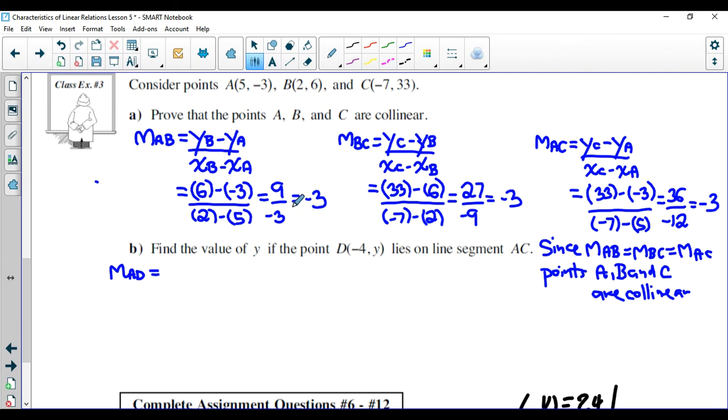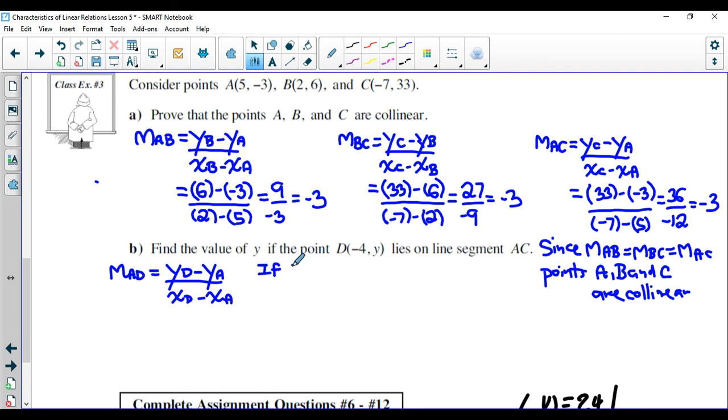So I'll just check what happens with the slope here. It actually does tell me it lies on it, but let's fill the numbers into the equation. So we'd say m_AD is y_D minus y_A divided by x_D minus x_A.